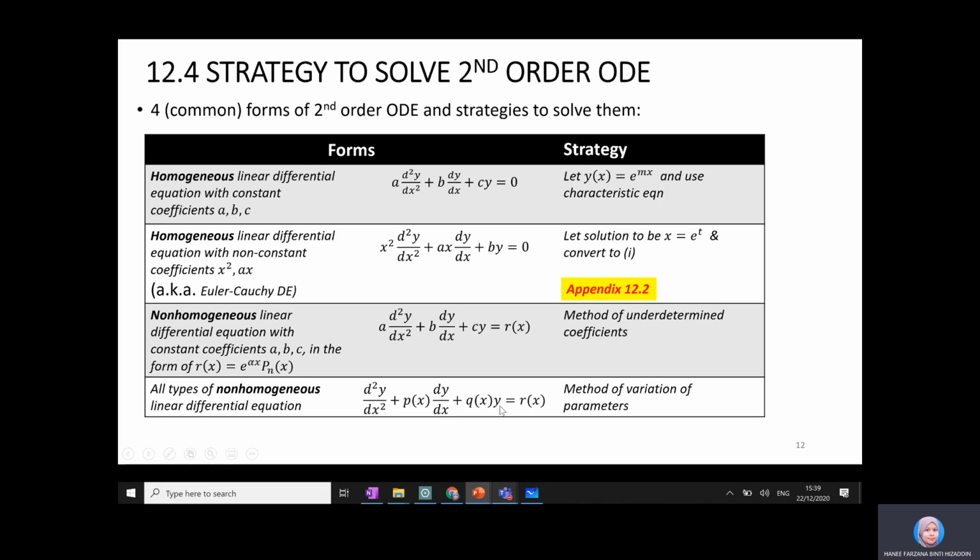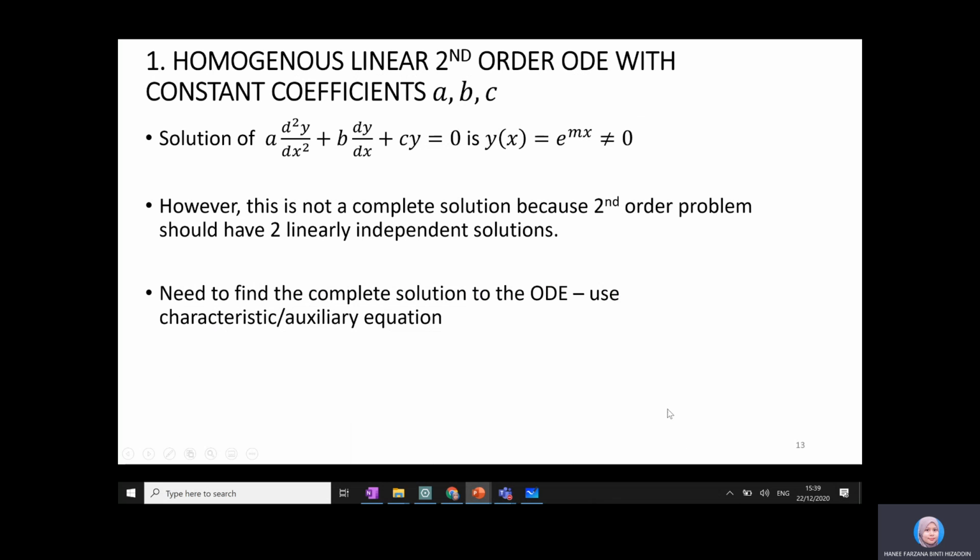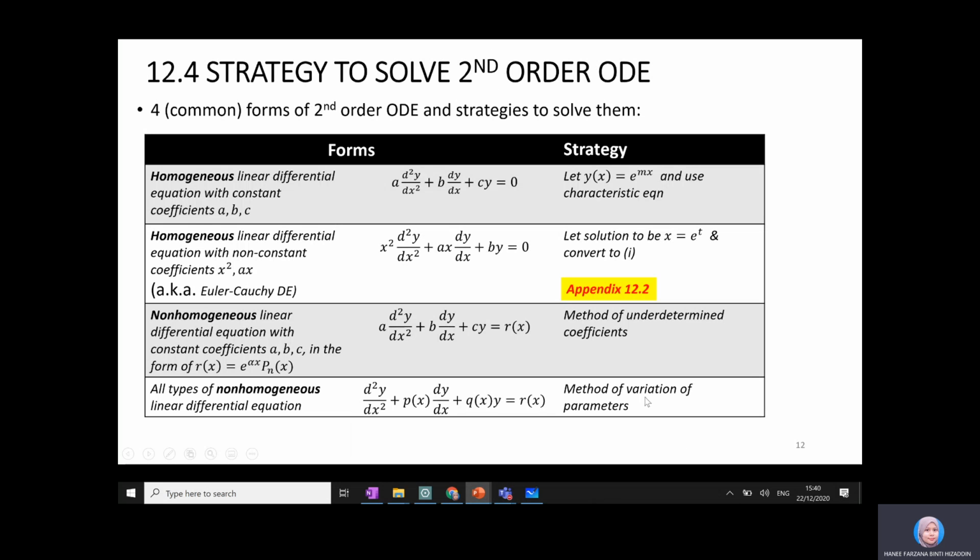Instead, they are functions of the independent variable. So this one you cannot use undetermined coefficients. And another case is when rx is not in this form here, so you also cannot use the method of undetermined coefficients. So you need to use the method of variation of parameters. So these are the strategies that we're going to cover.